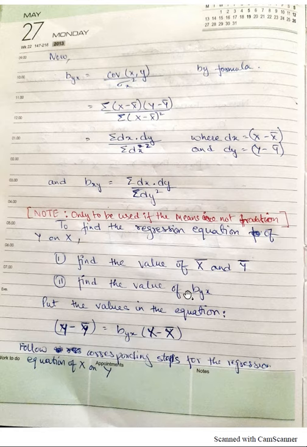After we find it, we will just put the value in the form of the equation that we have already discussed. So the regression equation of y on x is given by y minus y bar is equal to byx into x minus x bar. We just put the value of y bar and x bar and byx here. We find the regression equation.